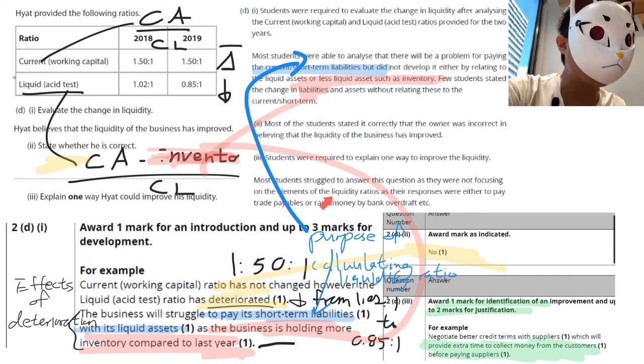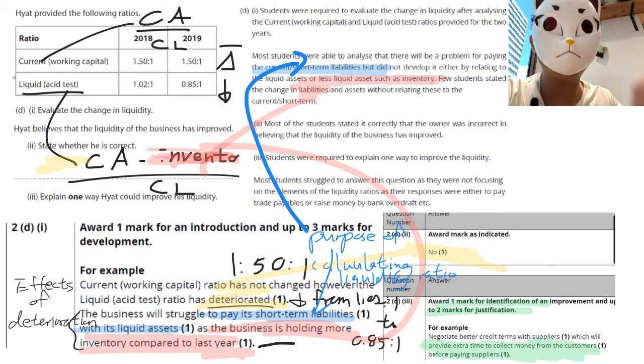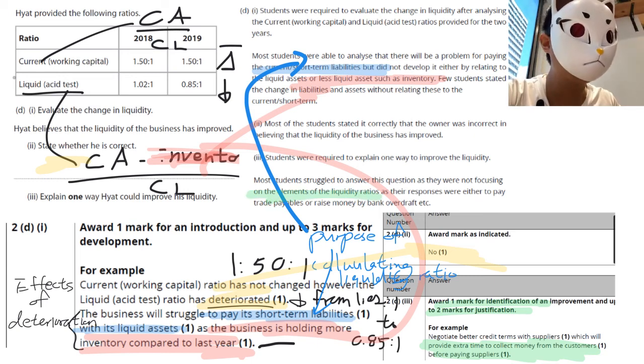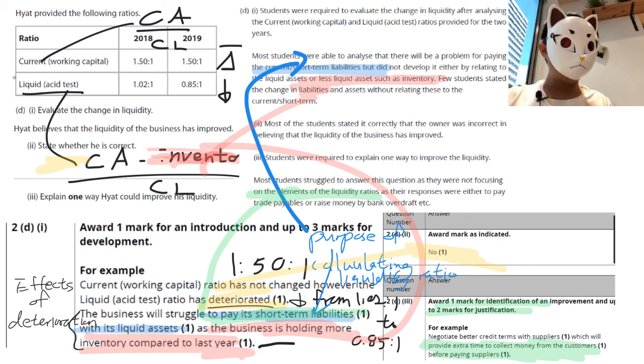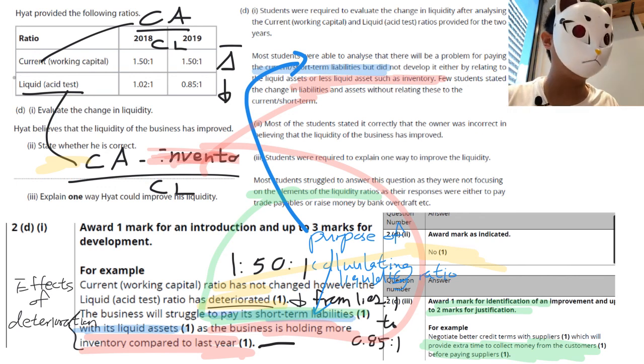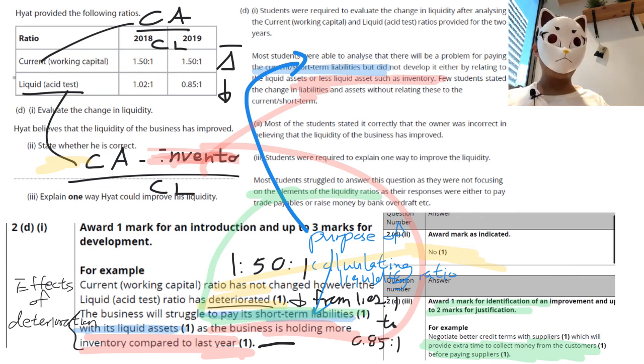Think about what the elements of liquidity ratio are. It is to meet the short-term liabilities. So in the answer for justification, let the suppliers give you more time, so then you can have more time to meet your short-term liabilities. So this is all for the paper this year.